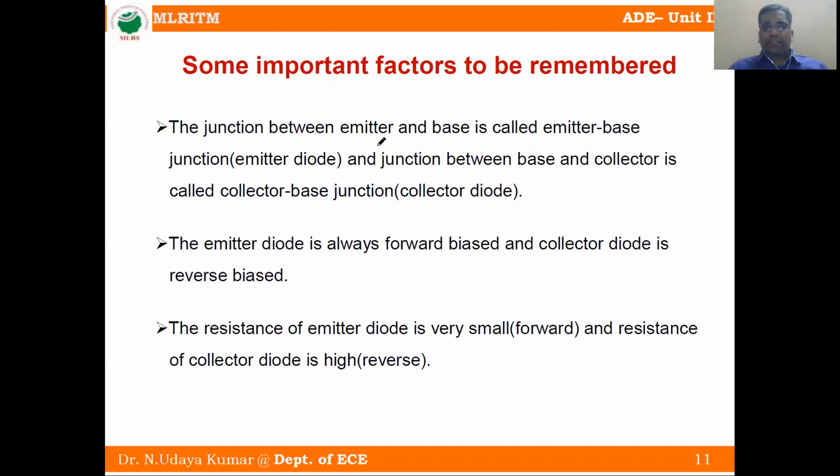The junction between emitter and base is called the emitter base junction. See, this is the NPN transistor: first is emitter, then base, then collector. The first junction we call the emitter base junction or emitter diode.